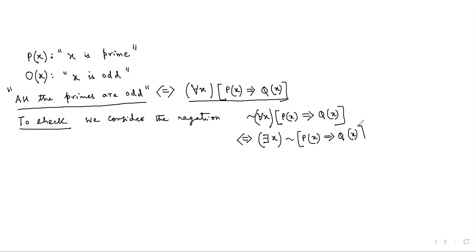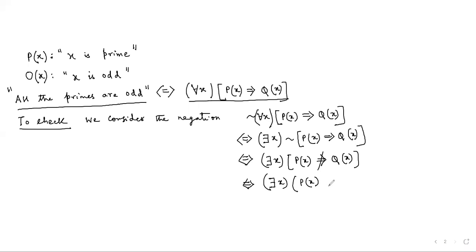Now, the negation of Px implies Qx actually means that Px does not imply Qx, or you can say that this can be written as there exists x such that Px and not Qx.